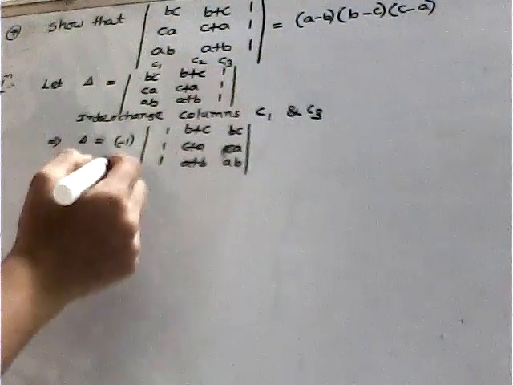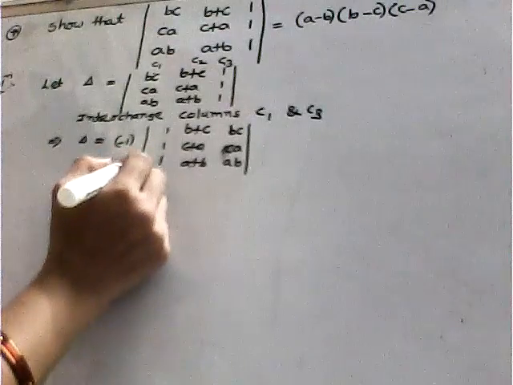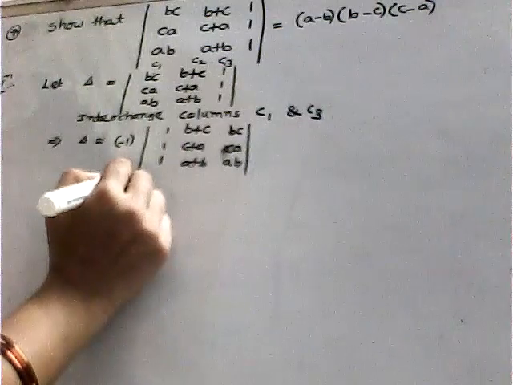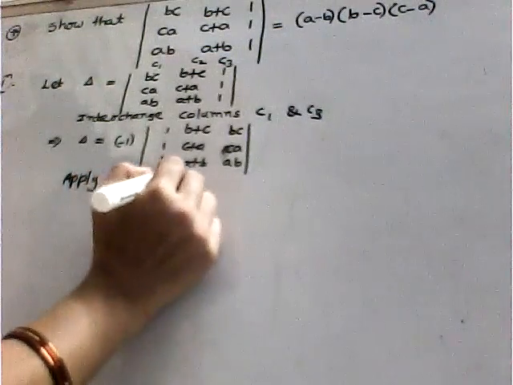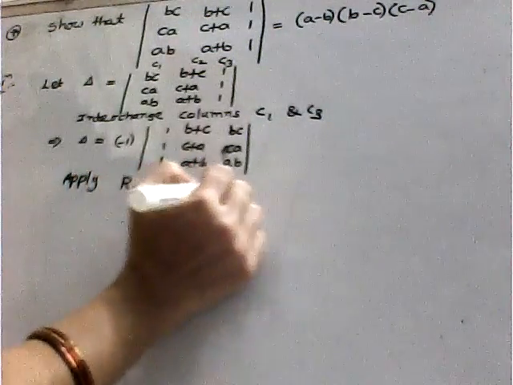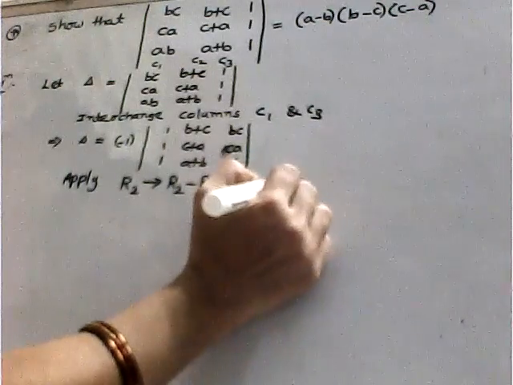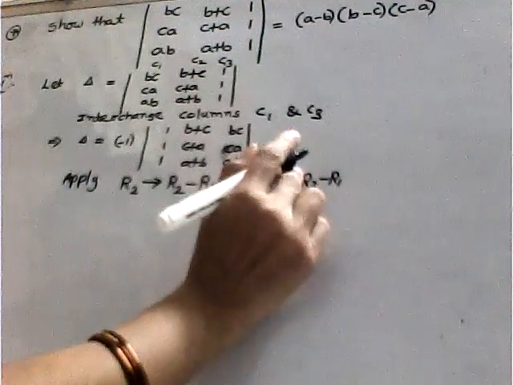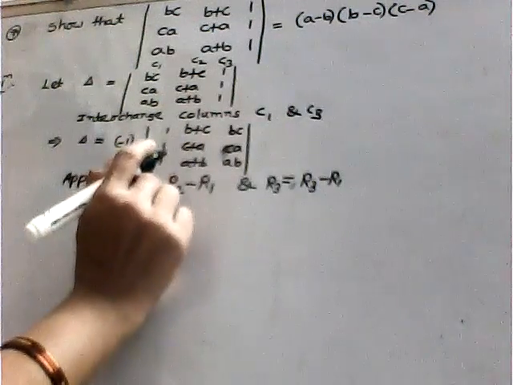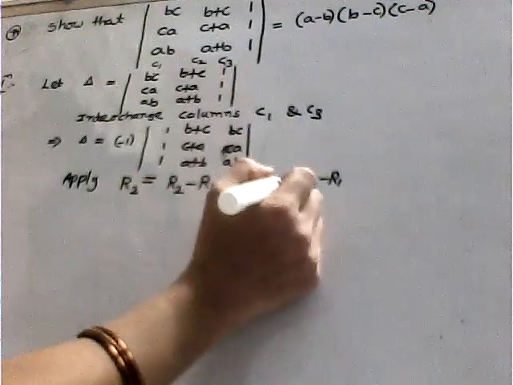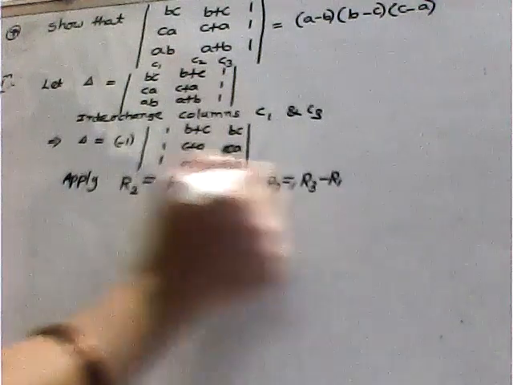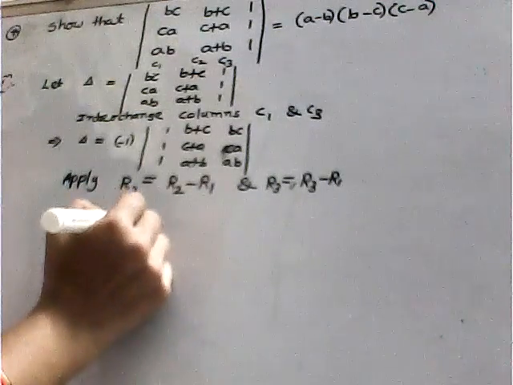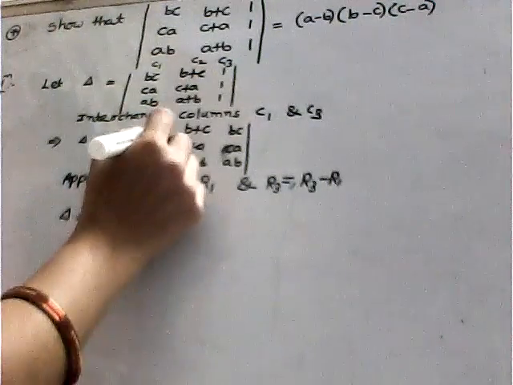Next we apply R2 tends to R2 minus R1 and R3 tends to R3 minus R1. Then delta will be changed to minus 1 into the determinant, where the R1 row is taken as it is.